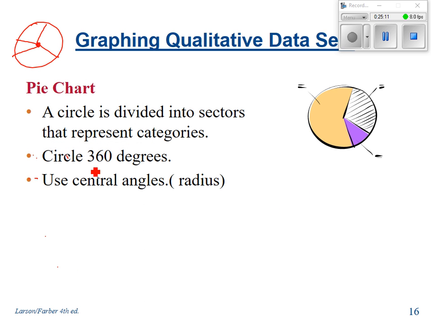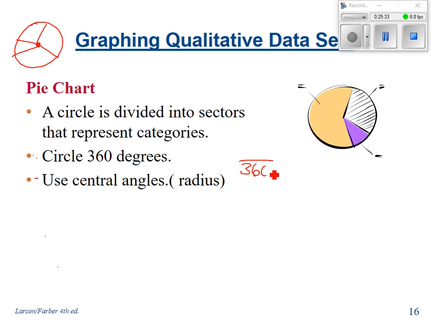All right, what you're going to do, I thought this was on the PowerPoint, but apparently not. What you're going to do each time, if you're given numbers, is use that central angle and figure out what that central angle is out of the 360.